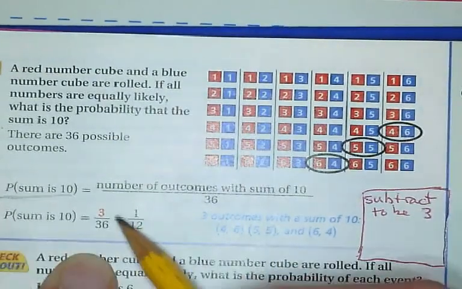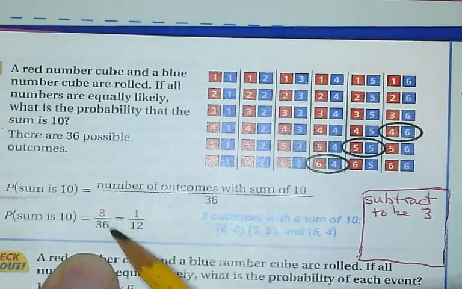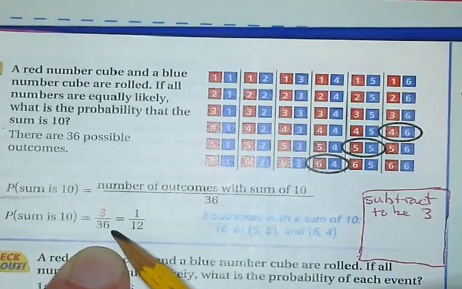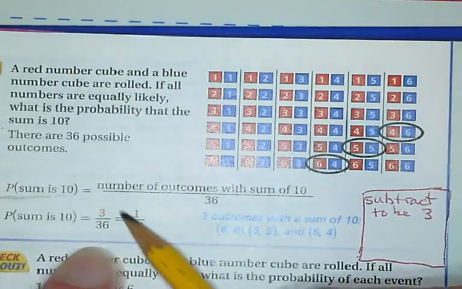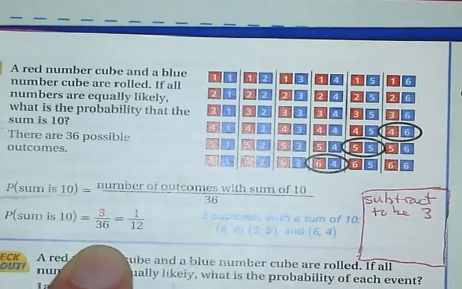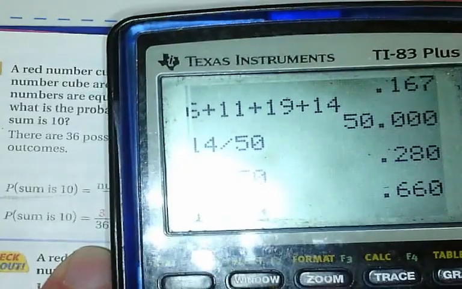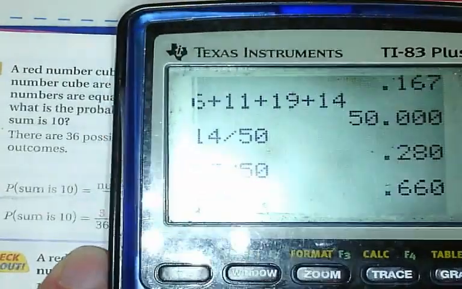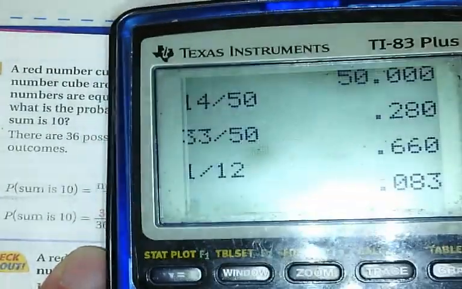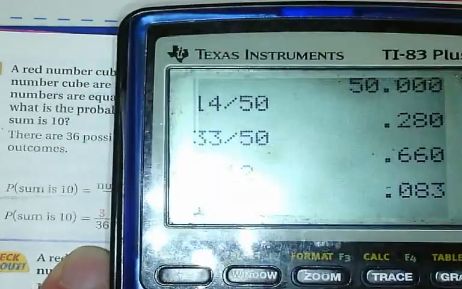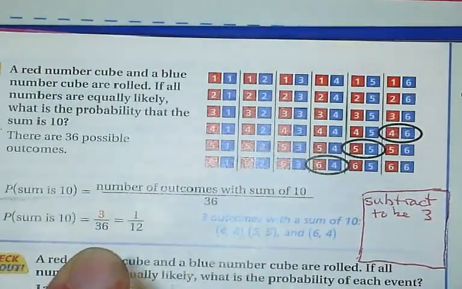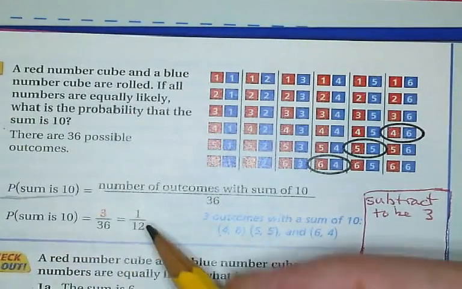There's 3 times out of 36 that it could add up to be 10. When you reduce your fraction, that would be 1 chance out of 12. 1 divided by 12 turns out to be 8.3%. So we would expect this to happen. Where can I write that?